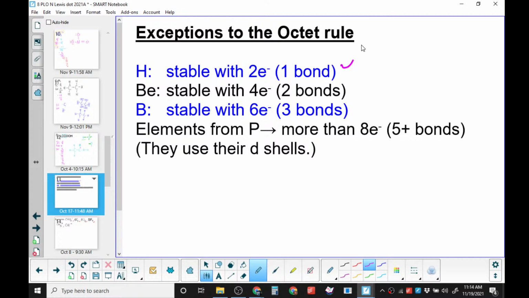Oh, yes. You're going to do some examples in a moment. Aha. Yes? Oh, because they can. Like they have them available to them. So from phosphorus, what energy level is this in?